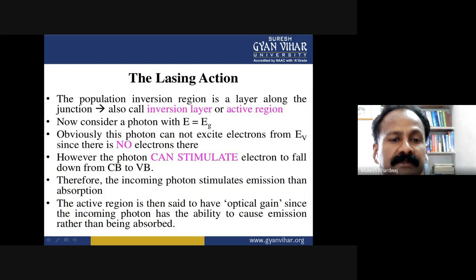However, the photon can stimulate an electron to fall from the conduction band to the valence band. Therefore, the incoming photons stimulate emission rather than absorption. The active region is then said to have optical gain since the incoming photon has the ability to cause emission rather than being absorbed.